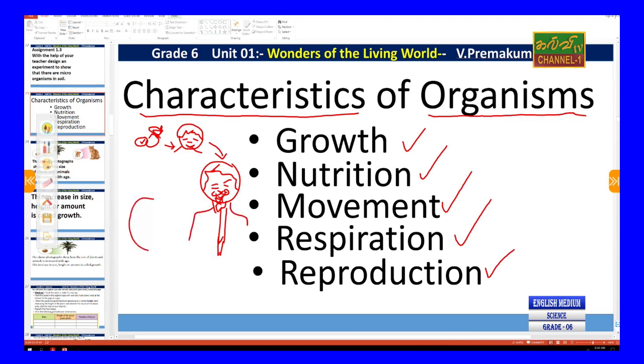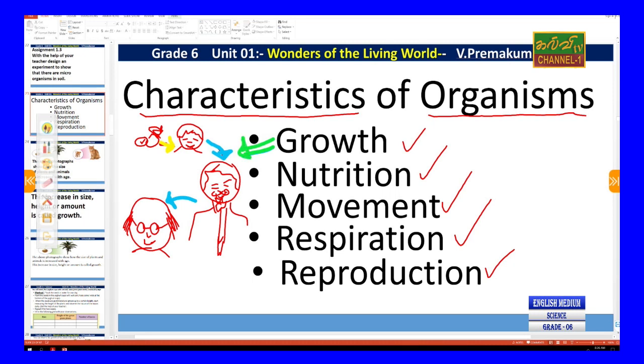After that he becomes an old man. So what can you see here? What is the process? The human goes from small baby to child, then gentleman, then old man. Here you can see growth. Growth is here.